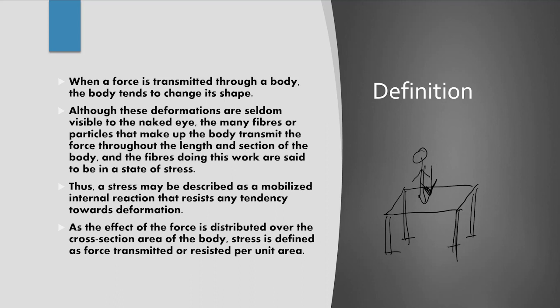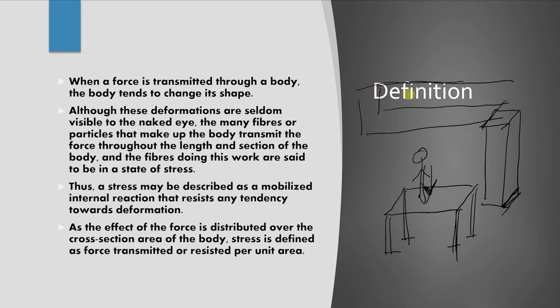But here we are not talking about human psychology. Here we are talking about objects. For example, a table, or if we're talking about structure, here we have a column, a rectangular column. You have a beam connected to the column that transmits the force to this column.